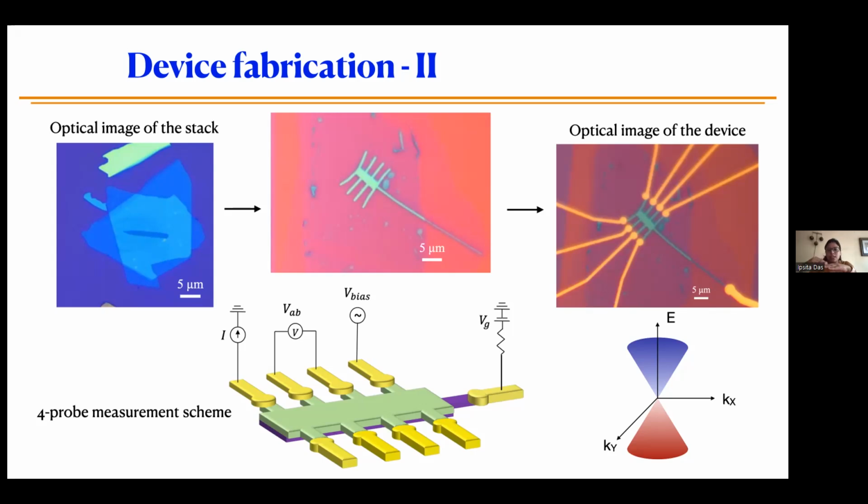In graphene, if you tune the carrier density, you will see a very continuous change of your resistance or conductance, because you are tuning it more or less linearly.